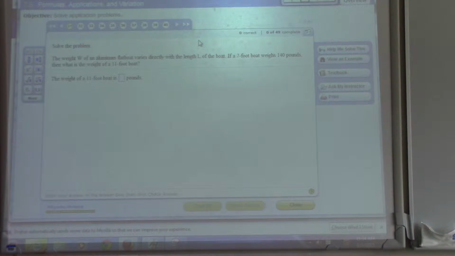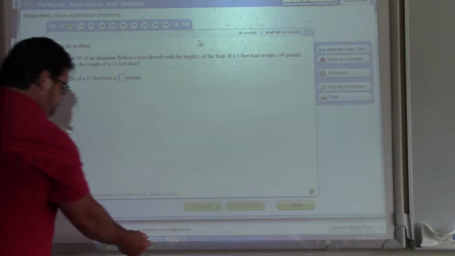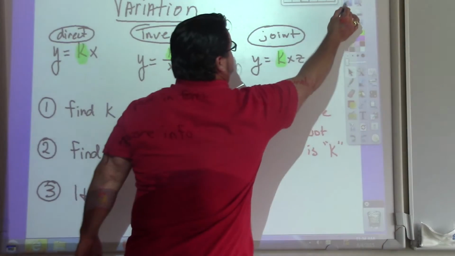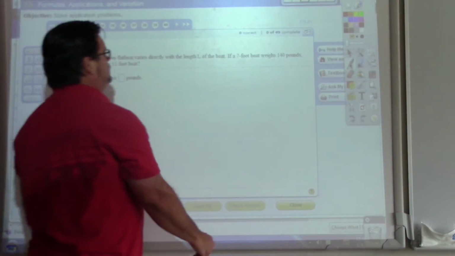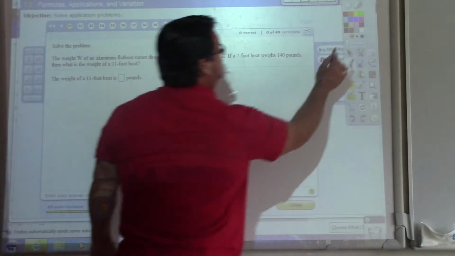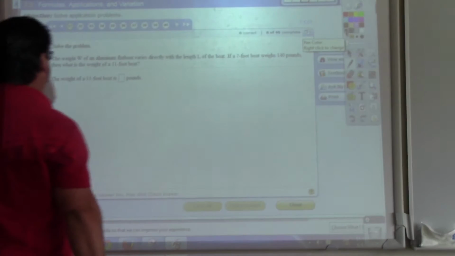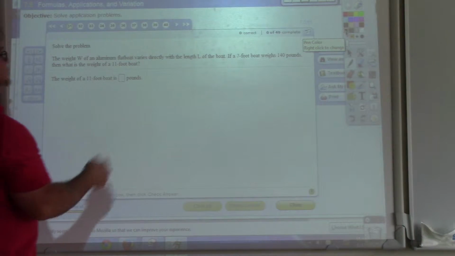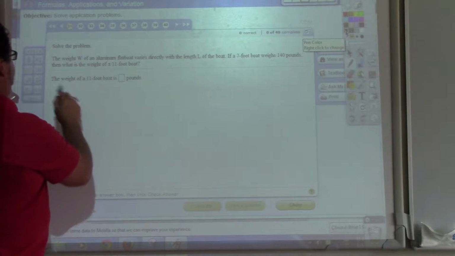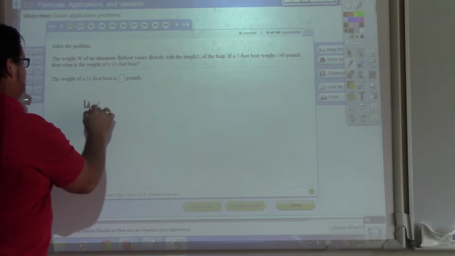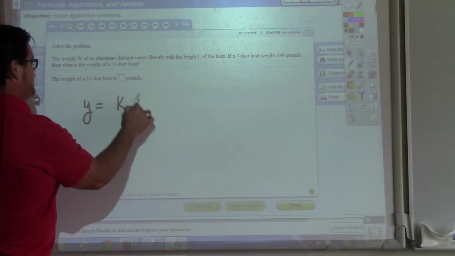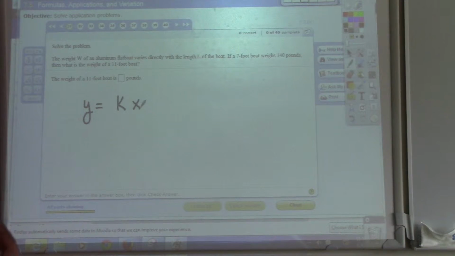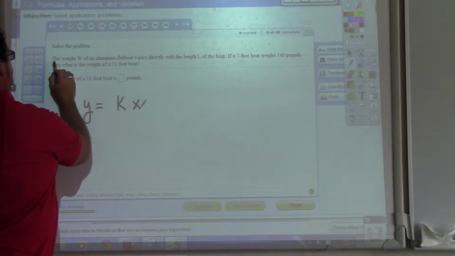All right, so here we go. Y is equal to K times X. Which way do we read?